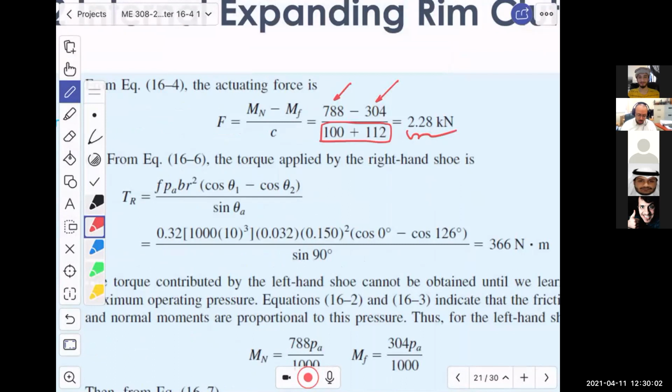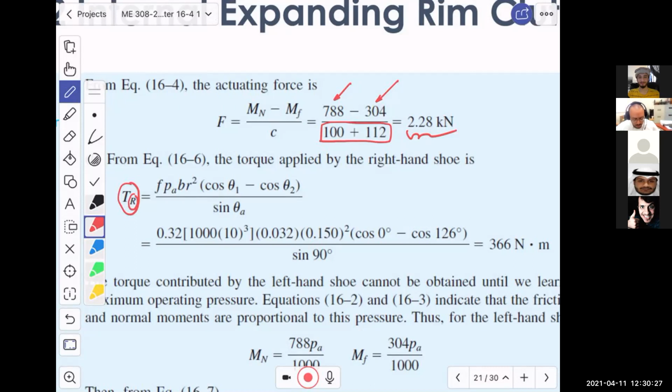Now, want to find the torque? The only thing we need to do, just to make it clear, is to put a little subscript r on the torque equation to indicate that, remember, this is not like 307, the raising torque, the lowering torque. This stands for the right shoe.